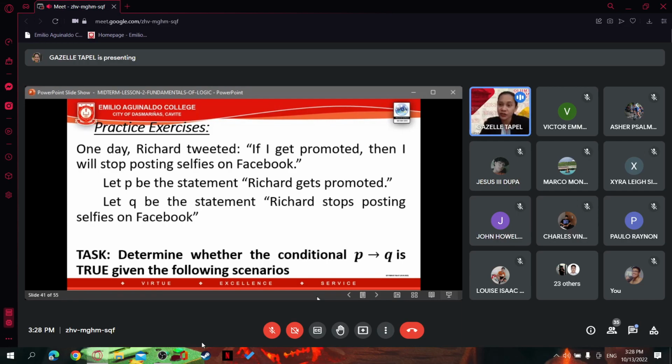Your task is to determine whether the conditional P implies Q is true given the following scenarios. Magbibigay ako ng different scenarios. Sasabihin nyo kung yung conditional statement na if P then Q ay true or false and explain. So ulitin natin. Si Richard nag-tweet, sabi niya, if I get promoted, then I will stop posting selfies on Facebook.